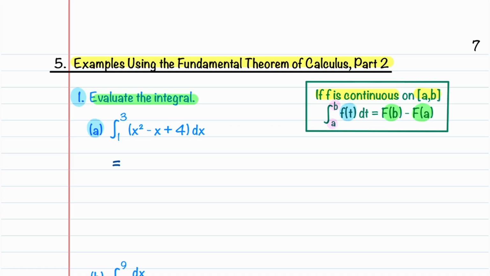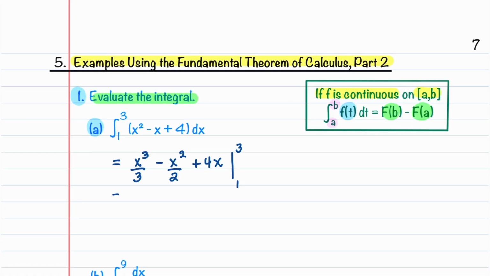The antiderivative is x cubed over 3 minus x squared divided by 2 plus 4x, and we're going to evaluate this from x is equal to 1 to 3.